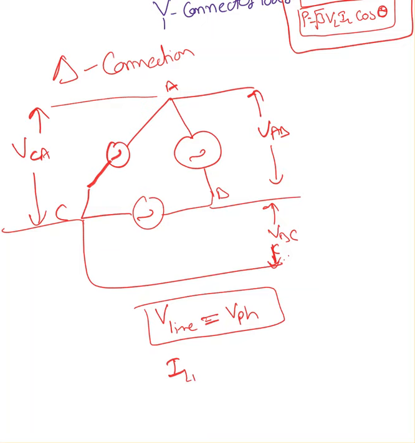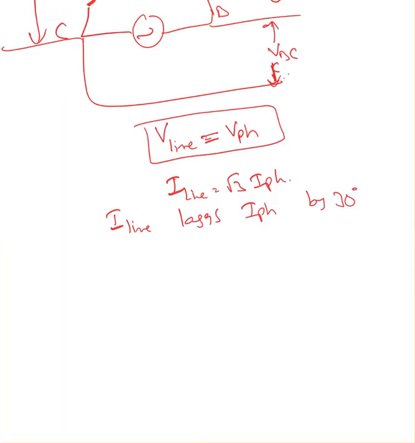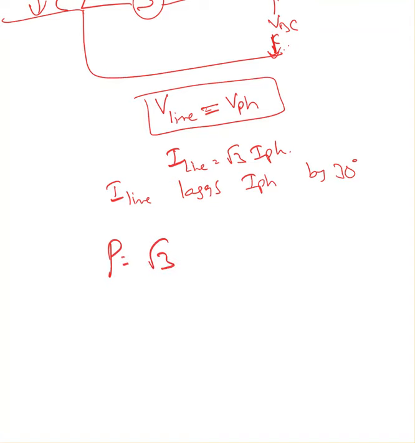Now I line equals root 3 times IPH, and another thing is I line lags IPH by 30 degrees. That's another important point. And P equals root 3 VL IL cos theta, or 3 times VPH IPH cos theta, where theta is the angle between VPH and IPH.